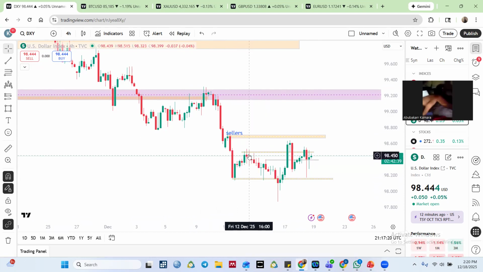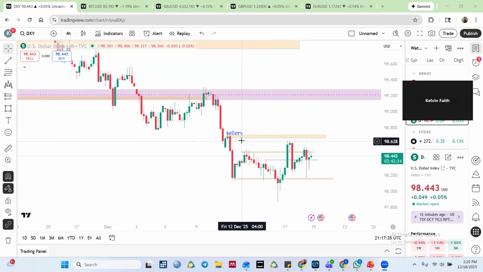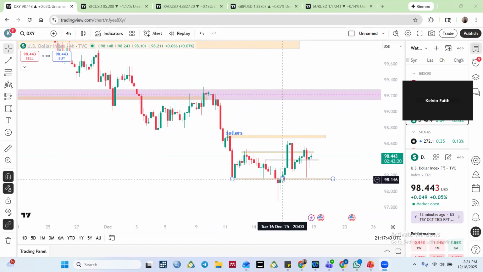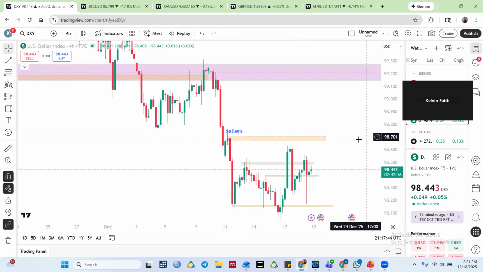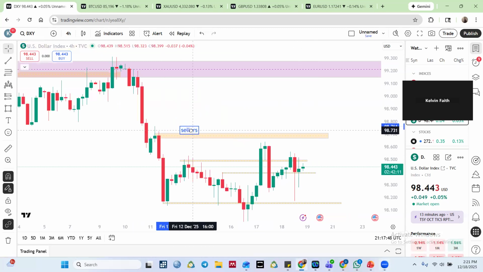They push it up here, and price comes down here again. And the buyers have been able to push it up again, and price reached this area where sellers are assumed to be.